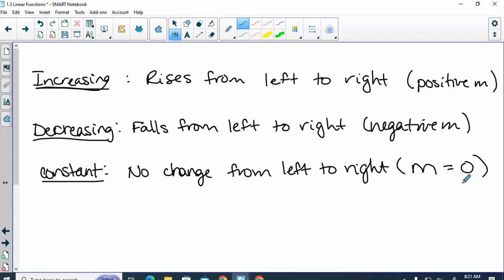So 0 slope, horizontal line, that's constant. We didn't talk about the scenario when it's a vertical line. That's when the slope's undefined. But is that a function? No, it would fail the vertical line test. So we wouldn't have any increasing, decreasing, or constant there. We really only use these terms when we're talking about functions. Alright. So far, so good?